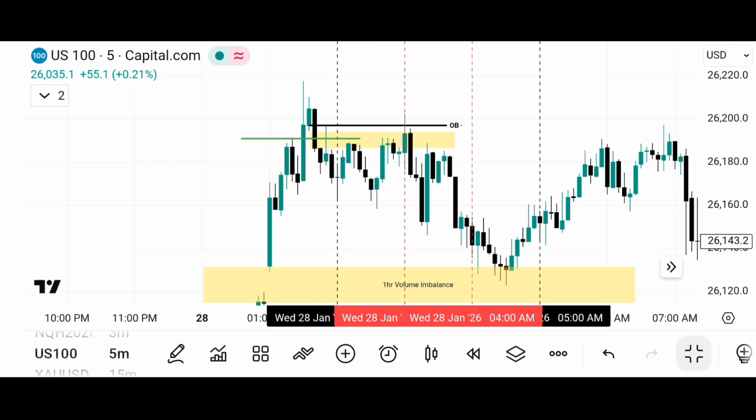So as you can see, price doesn't move based on buying or selling pressure. The movement in price is actually algorithmic, and this algorithmic movement works with time and then price.